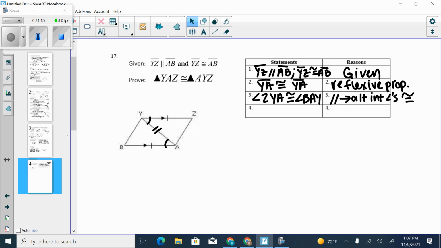Okay, so we got 2 sets of lines, a set of angles. We could say that these 2 triangles are congruent by somebody said it over here. Side angle side. Good. Oops, congruent to triangle BYA by side angle side.